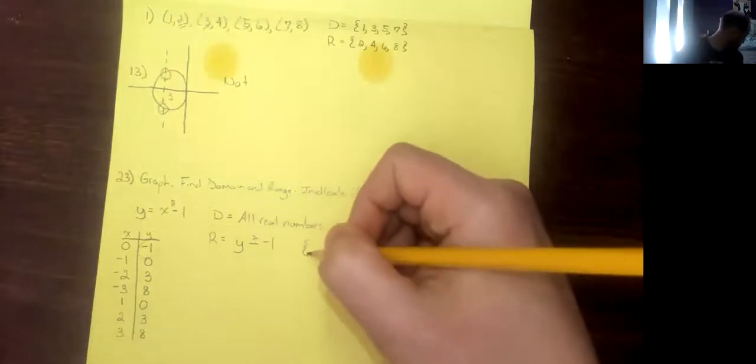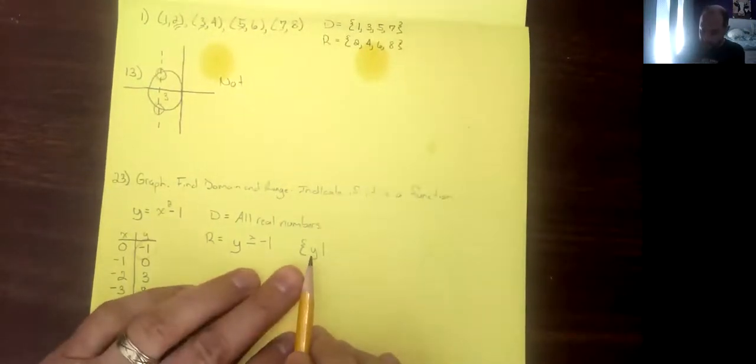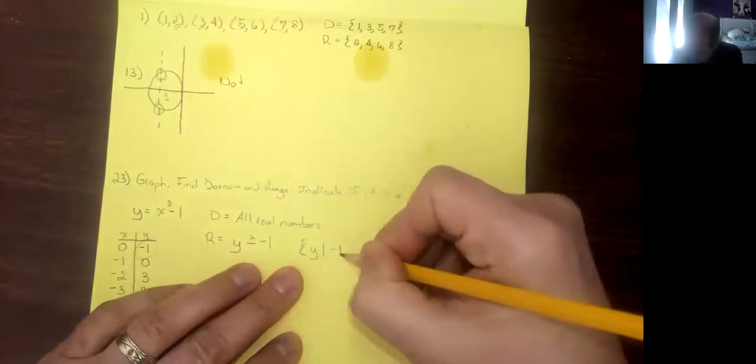If you want to write it, and I think they do for 23, yeah, they want us to write it out technically. So our range is all y's such that y is greater than or equal to -1.